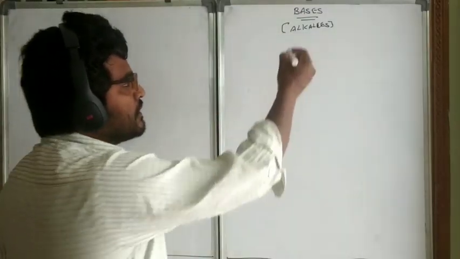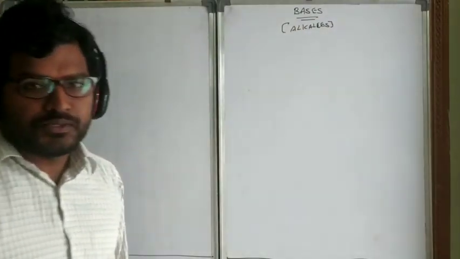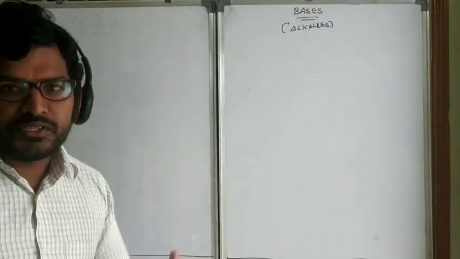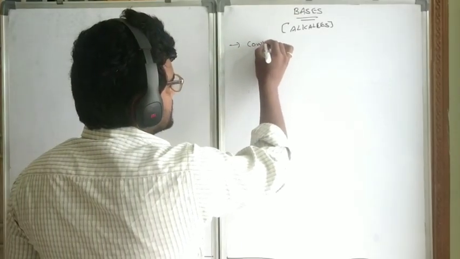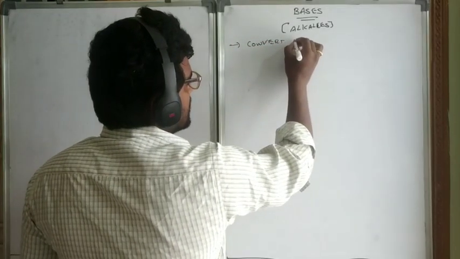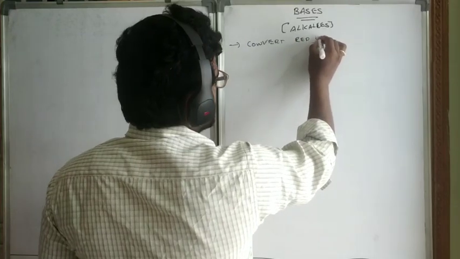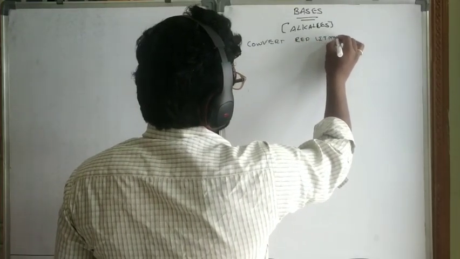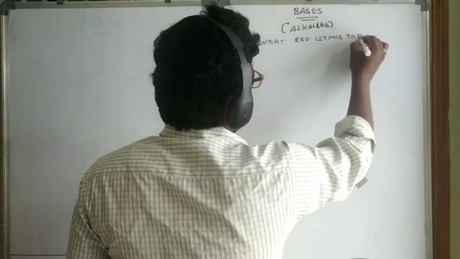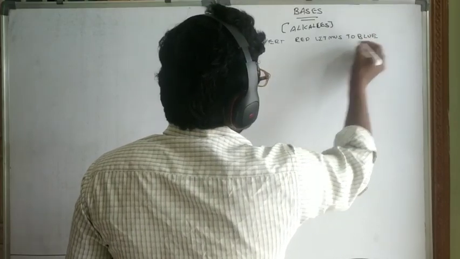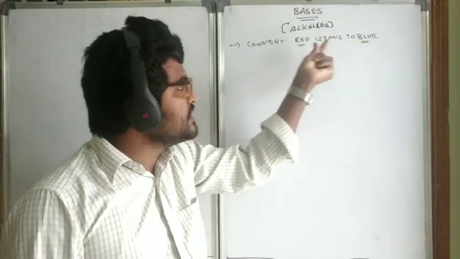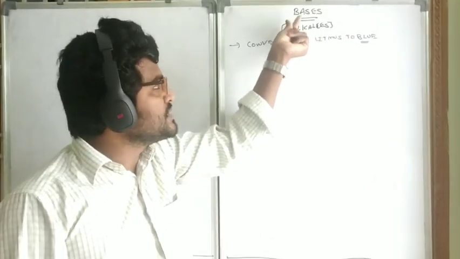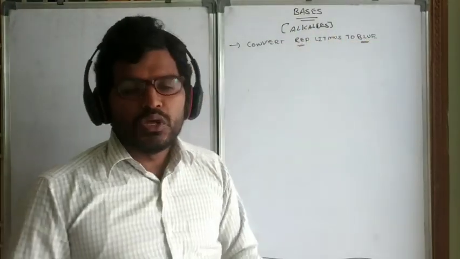Right. Now come to these bases. They can convert red litmus into blue litmus. You can remember acids convert blue litmus into red litmus, bases convert red litmus into blue litmus.